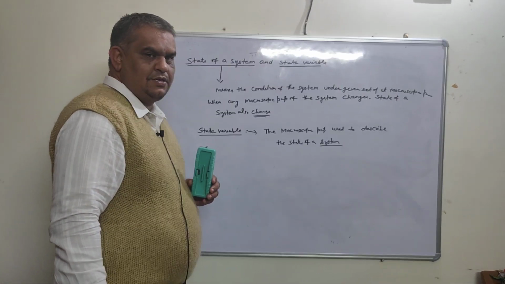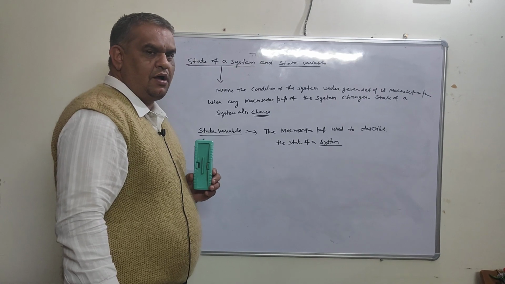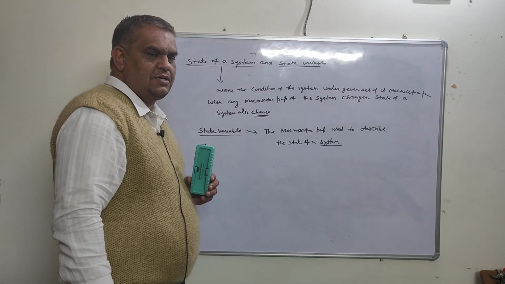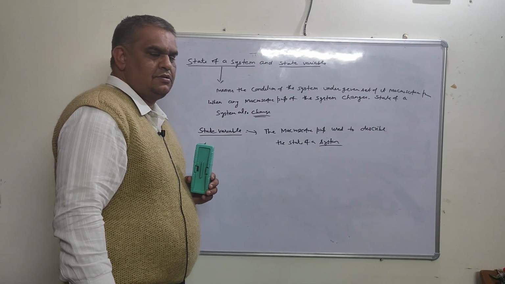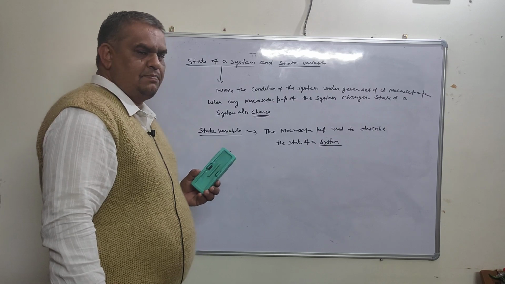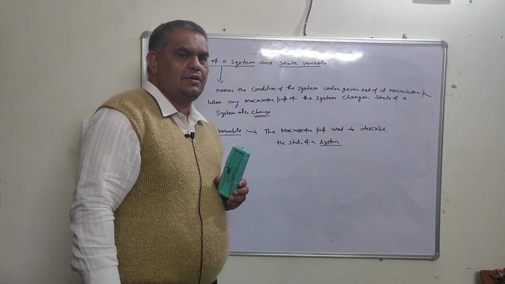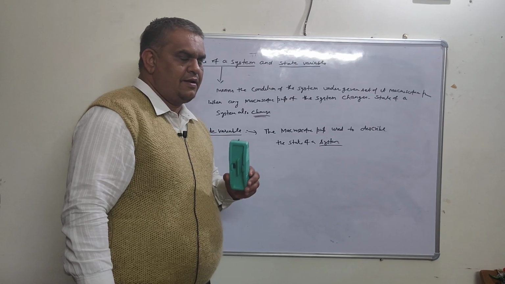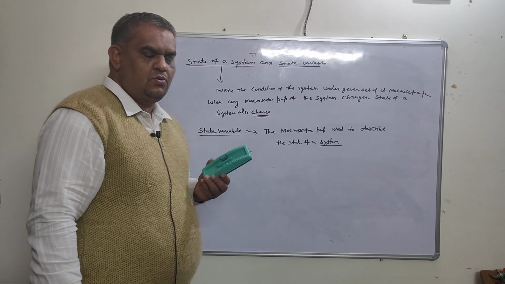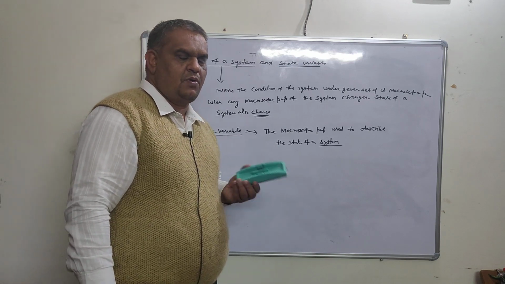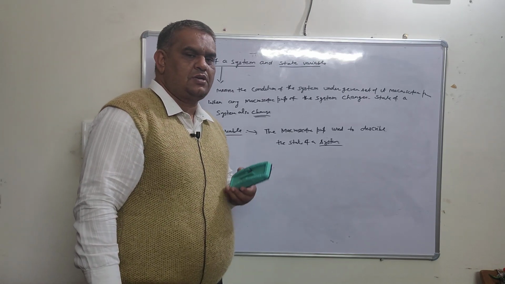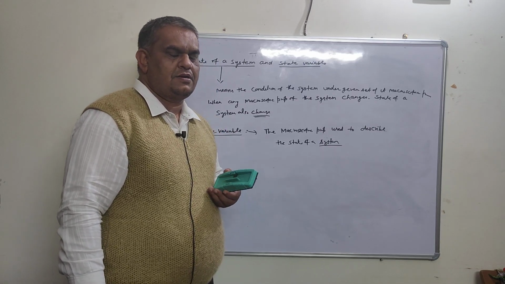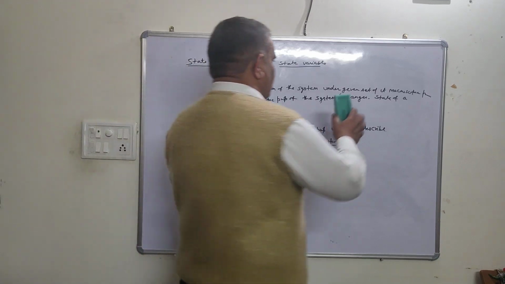For example, temperature, pressure, volume or composition are state variables. Consider a system containing 1 mole of gas. In the ideal gas equation PV = RT, pressure, volume and temperature are related, and volume depends upon temperature and pressure, so volume is called the dependent variable, while temperature and pressure are called independent variables.